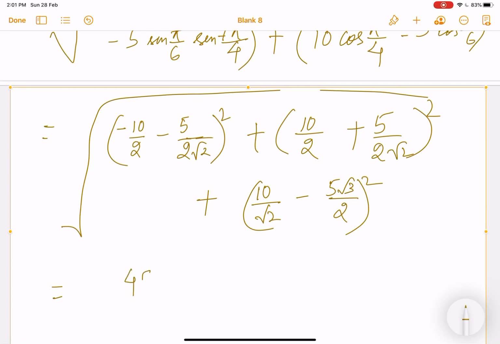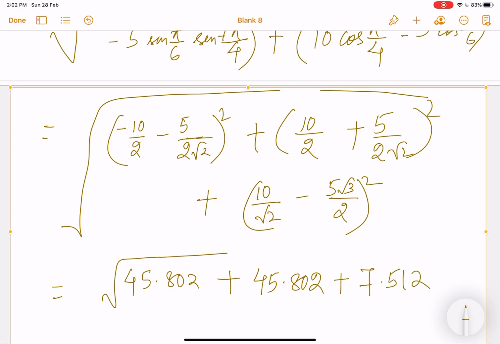I got 45.802. Then plus, the next thing is 5. It's the same thing, isn't it? Then again 45.802. Then next is 10 divided by root 2, minus 5 root 3 divided by 2.